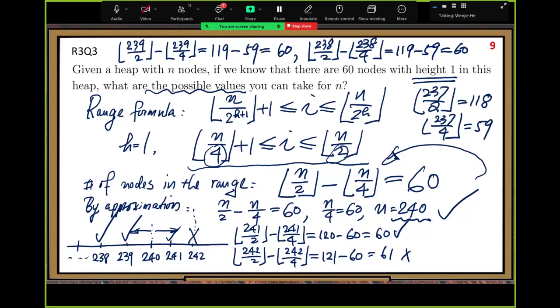So the difference is 59, not 60. So you hit the left wall. Both sides you hit a wall, and in between you have 4 solutions.